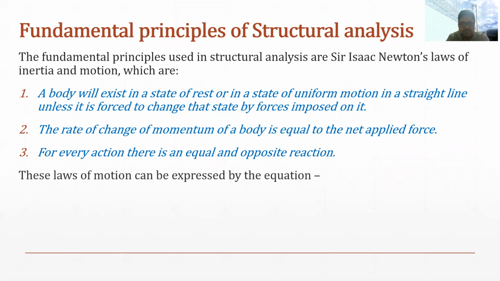So now, as we know that these are the laws of motion, they can be expressed by an equation, which is the summation of all the forces acting on a system equals the mass into acceleration. M is mass and A is the acceleration.